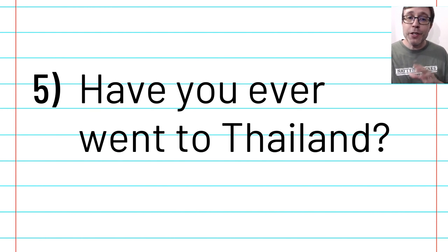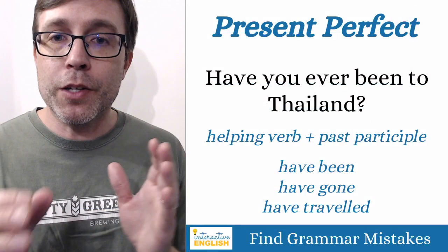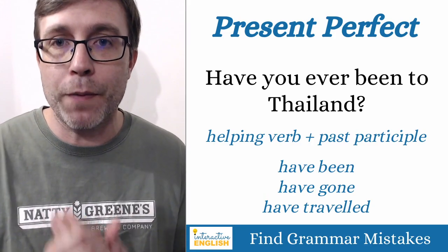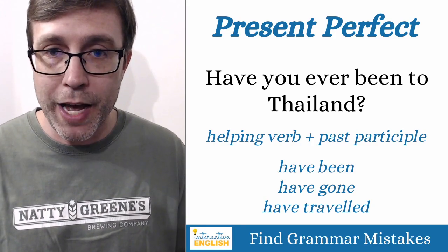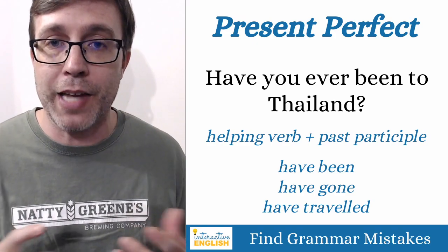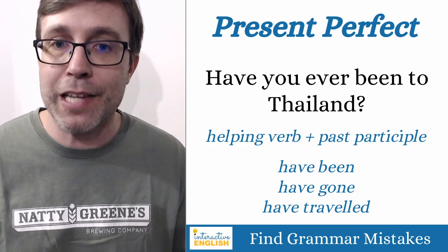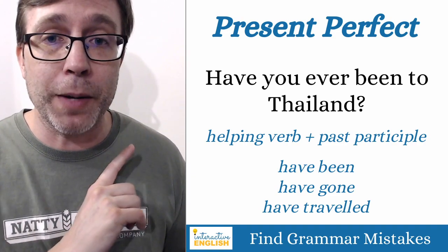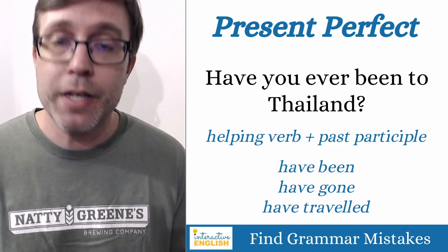Have you ever, you could say a few different things, and I gave you some different examples. You really need to use the past participle because when we're talking about the present perfect, you're going to have the helping verb, which is have, plus the past participle. So in this case, I actually changed the verb. I said, have you ever been to Thailand?